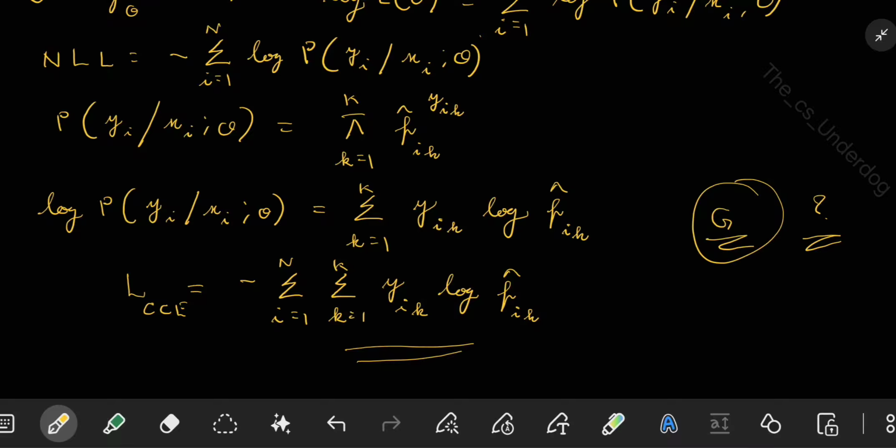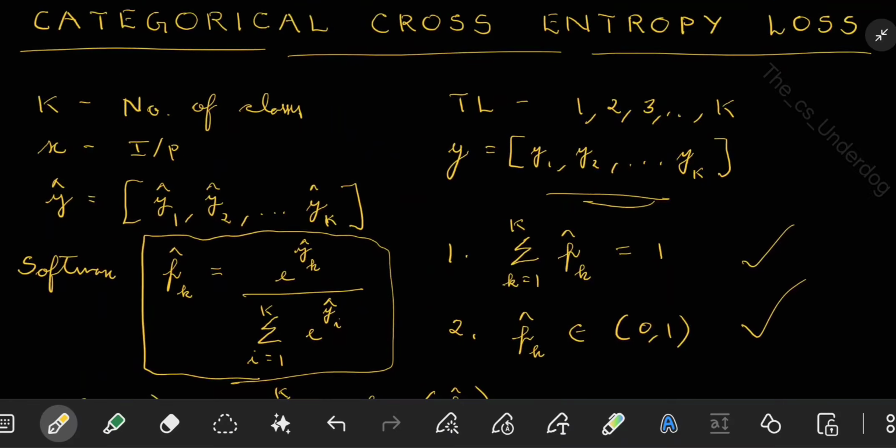So we'll take it up in a different lecture. Next lecture, we'll find out gradient of categorical cross entropy loss. So for now, we have found out how this categorical cross entropy loss is coming up. In the next lecture, we'll see how to find out gradient of categorical cross entropy loss. Okay.